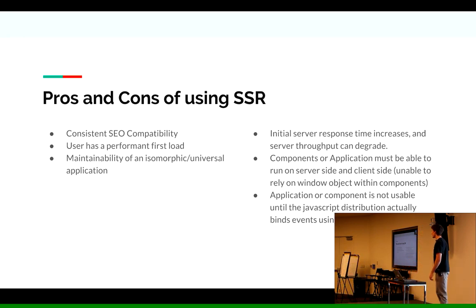So you're doing that JSON injection on the window object. Is that just to basically skip the first API call on load? No. So, well, yes and no. Whatever your client side bundle is, that still needs to execute.